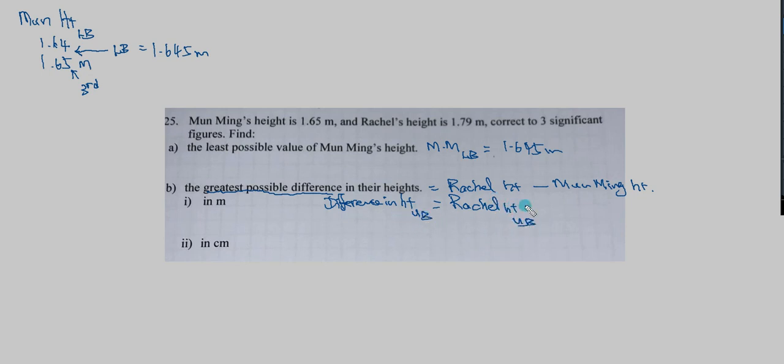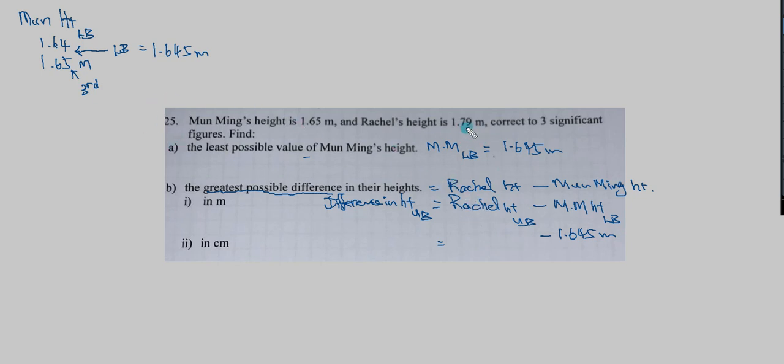To get a bigger value, then we have to take Manming's height at the lower bound. Now, we already have the lower bound of Manming's height, which is 1.645 meter.